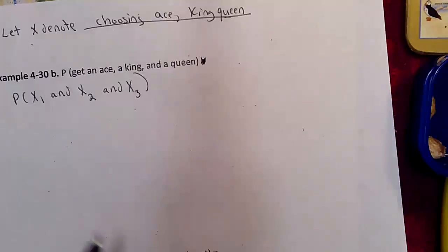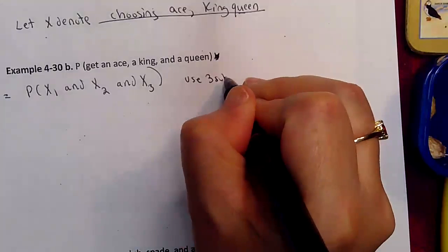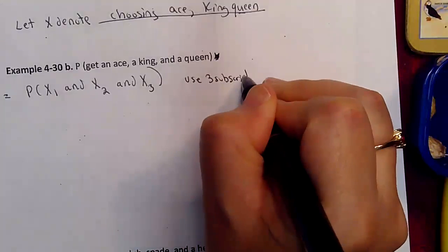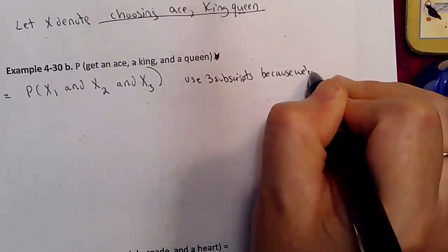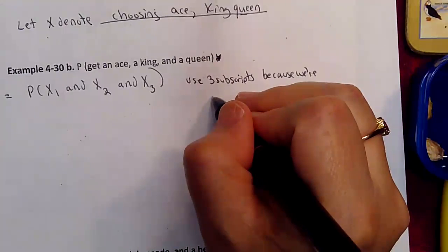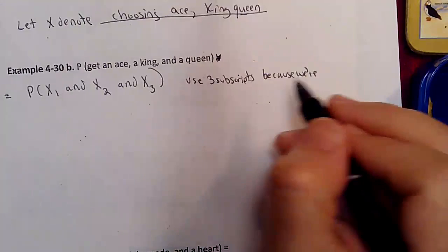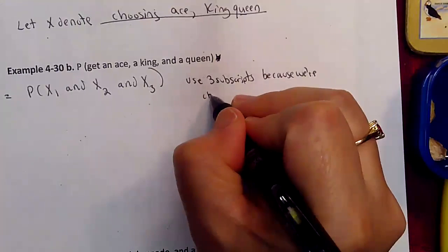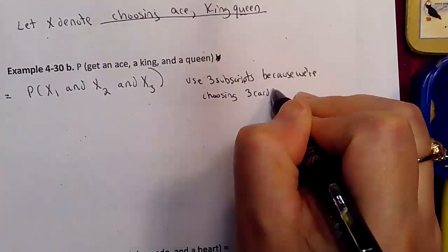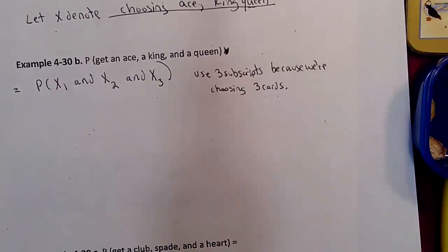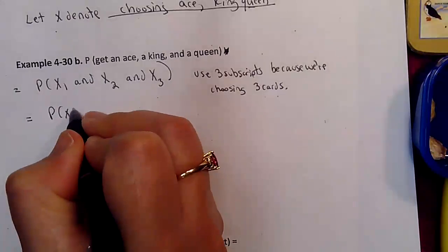And again, I'm using 3 subscripts because we're choosing 3 cards. And of course, this is random, right? Random choosing. And then you have probability of X sub 1.